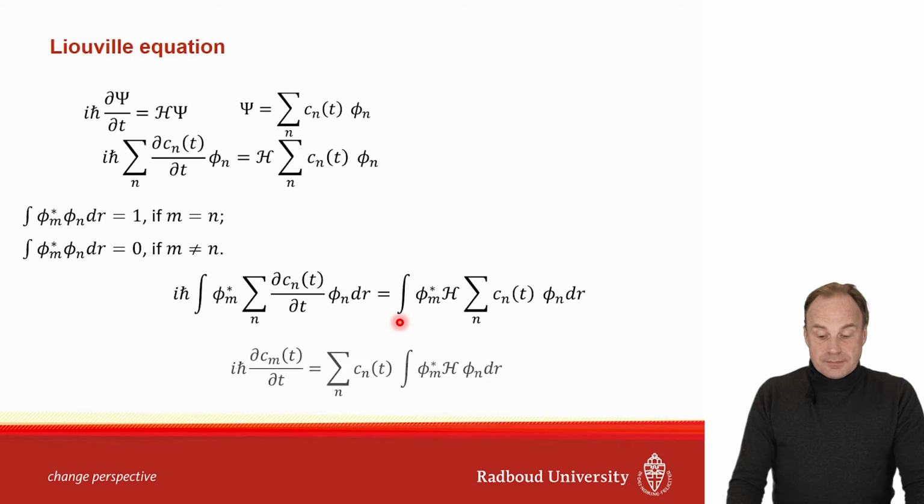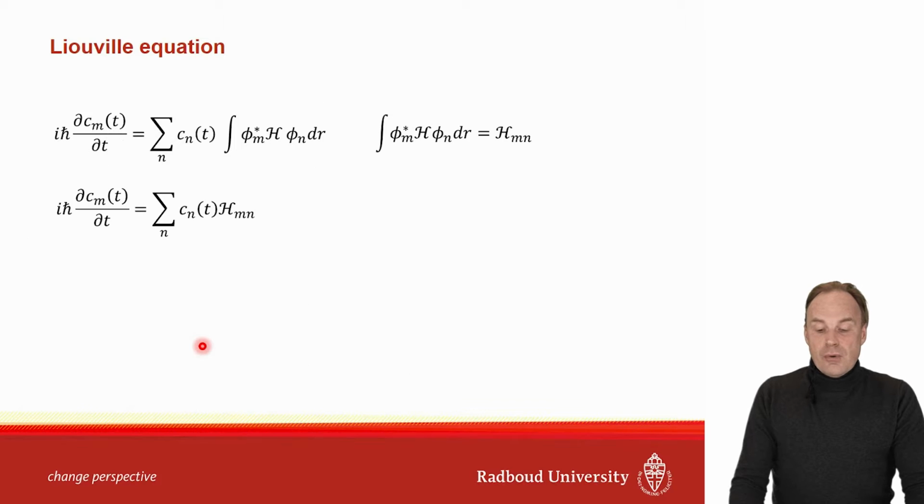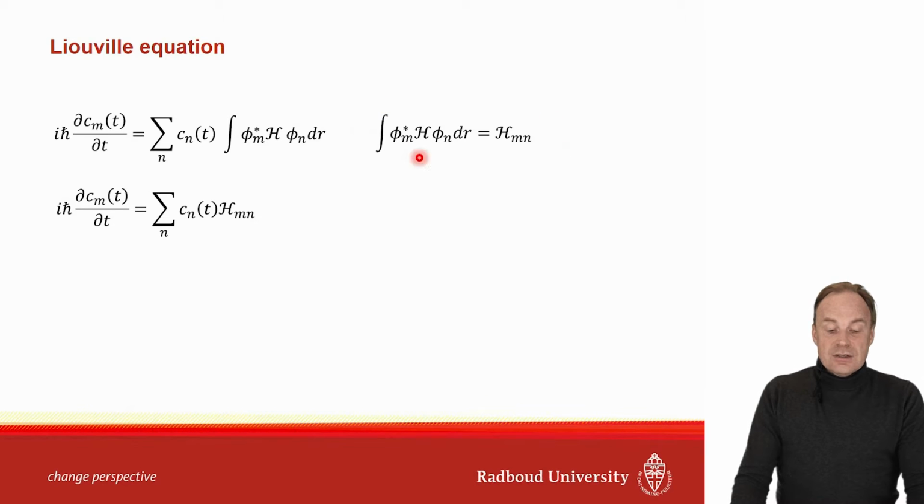Having this form, we can now write this integral in a simpler form, in the form of a matrix, where the element of the matrix Hmn is given by this integral. So in terms of matrix, this Schrödinger equation acquires this form.